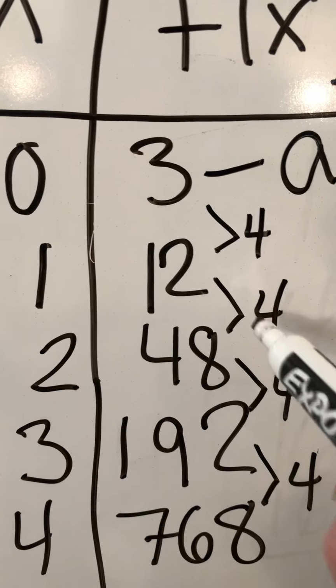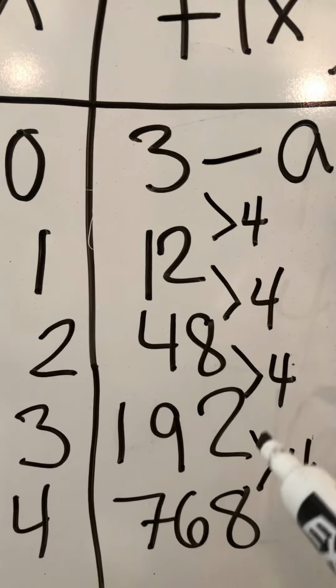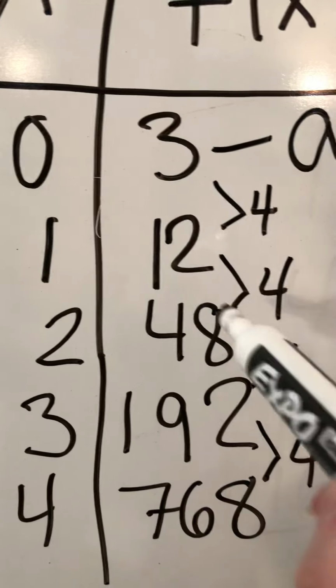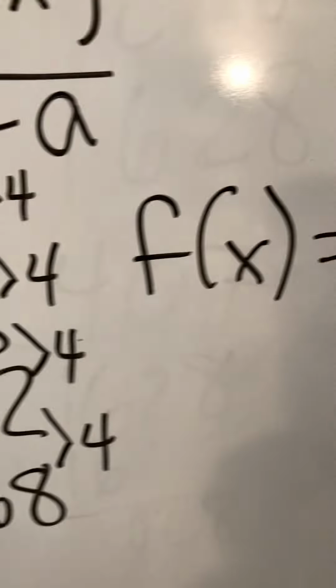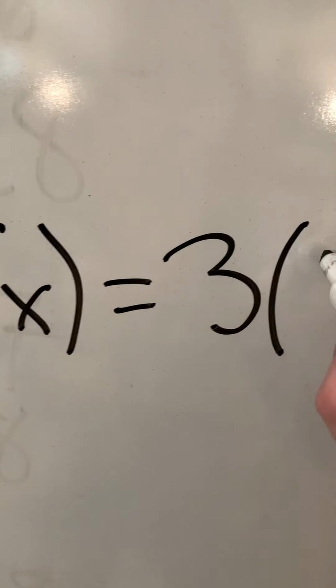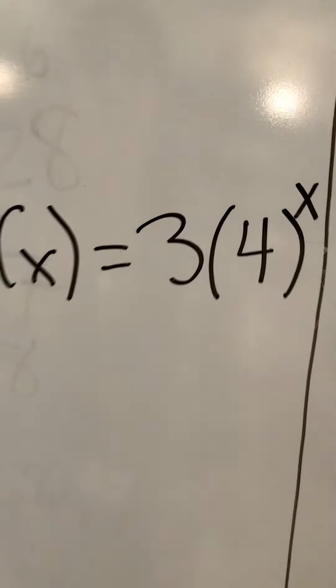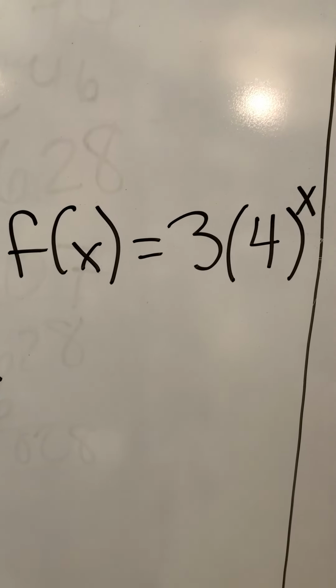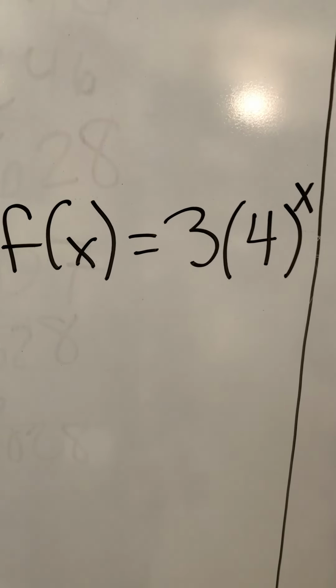Since it's consistent, that's why we name it a constant. It's constantly being divided by 4, actually multiplied by 4 to go up, or divided by 4 to go down. So that is my constant, my b, and I stick it into the parentheses. And my equation is f of x equals 3 times 4 raised to the x power.